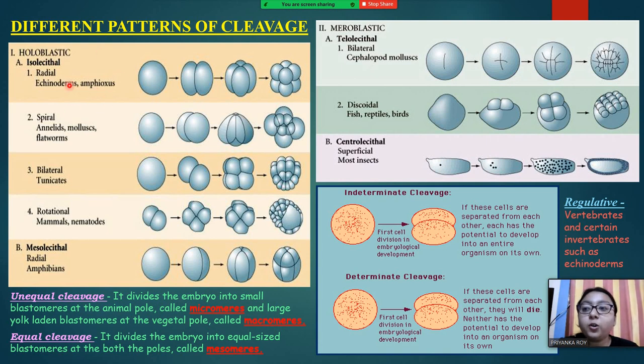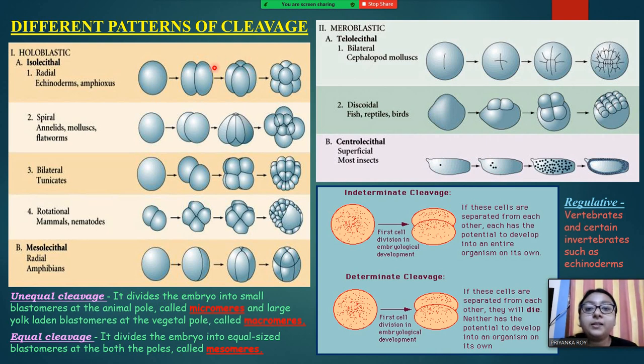So in case of holoblastic cleavage, when the egg is isolecithal, here you can see that radial cleavage is occurring in echinoderms and amphioxus. So what is radial cleavage? The first plane of cleavage will be meridional, and the next plane will be perpendicular to it.